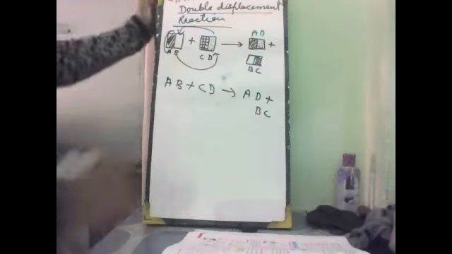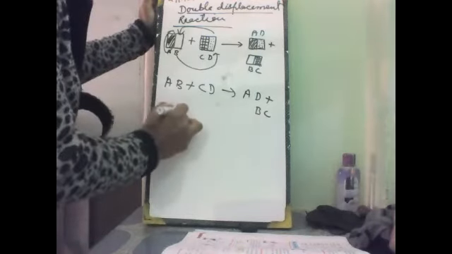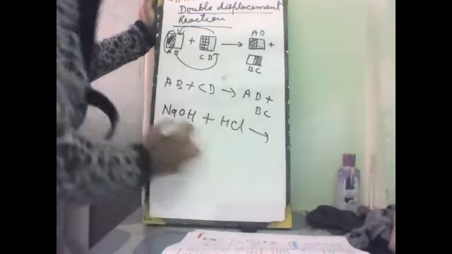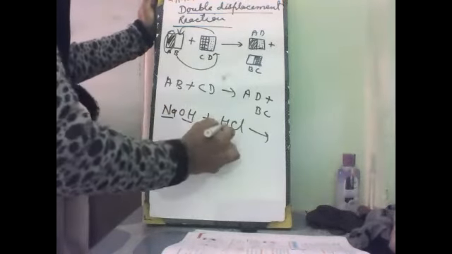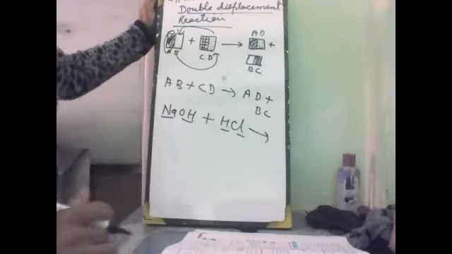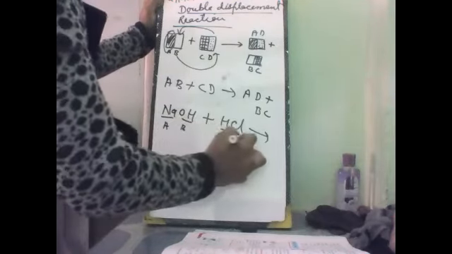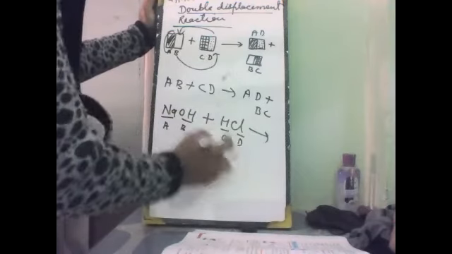Here is an example. Look at the example. NaOH reacts with HCl. This is A, B, C and D. New product AD is formed.